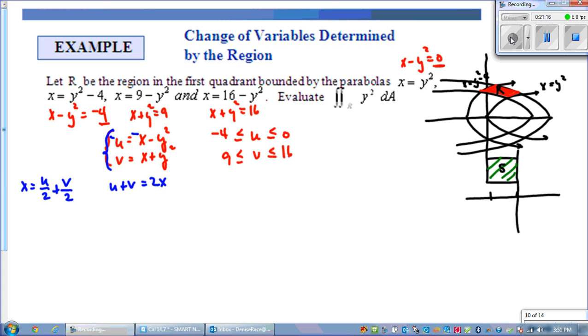Let's go ahead and just multiply the top one through by -1 and then just add again. So adding, we get v minus u equal to 2y squared. So that would be, put those over 2, and then that's y squared. So that means that y would be the square root of v over 2 minus u over 2. Okay, so now we need to find the Jacobian.